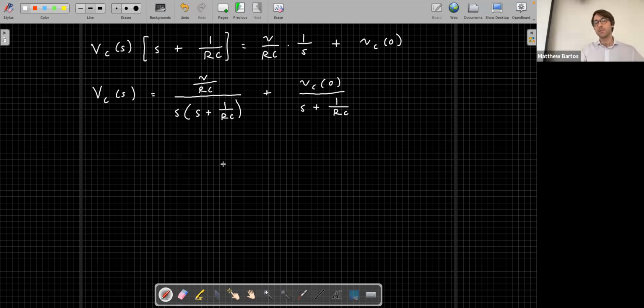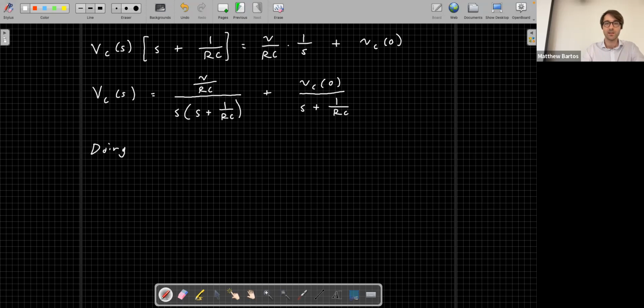Okay, so this was the problem we ran into initially. We didn't know how to take the inverse Laplace transform of this term, right? We're going to need to use partial fraction expansion to solve for this term. This term here, we could easily take the inverse Laplace transform of just by looking it up in the table. This corresponds to our exponential term, our exponential decay. Okay, so let's just perform partial fraction expansion on the first term.